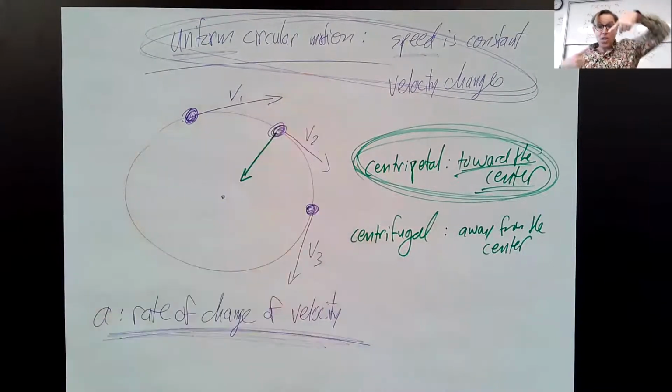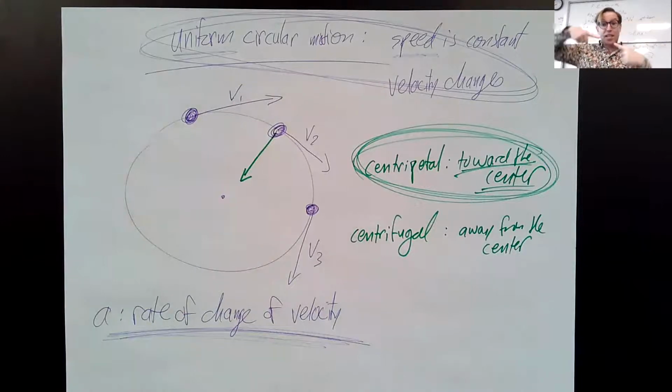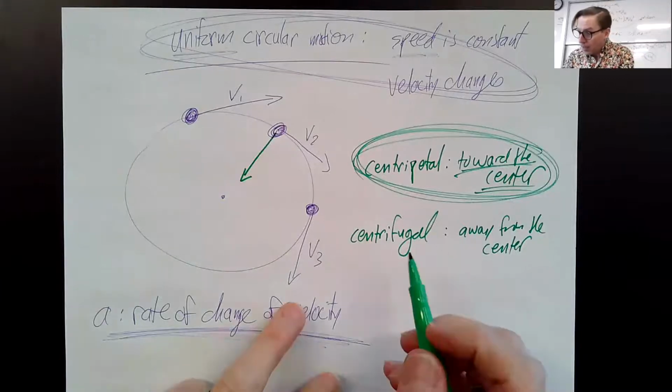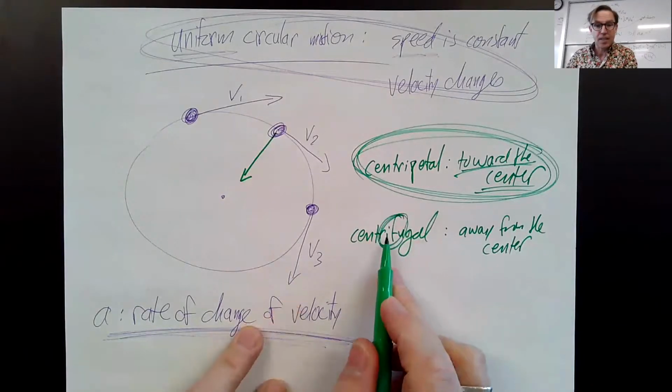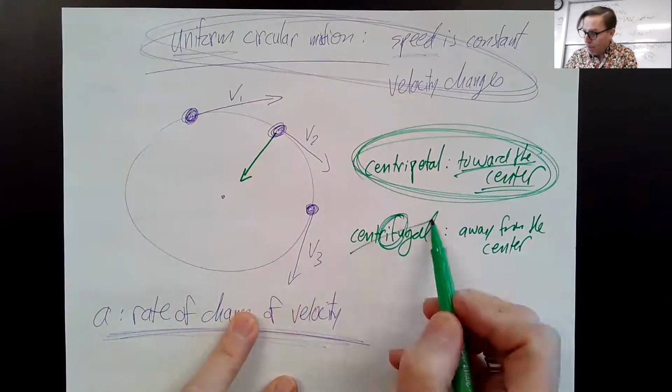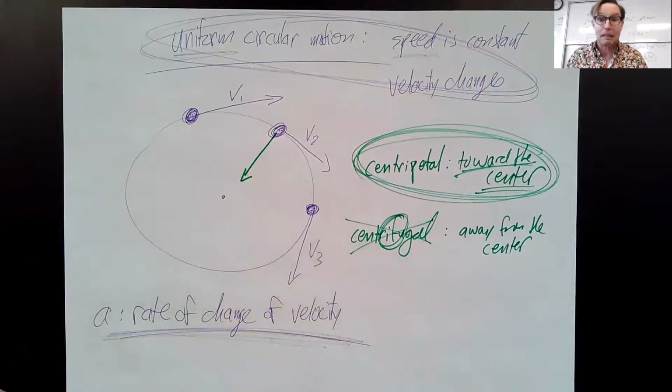So this way, toward the center, centripetal. That's going to be useful this chapter. This direction, away from the center, there's a word for that, it's centrifugal. It just so happens that that direction is not going to be part of our discussion. So if you want, since there's an F in there, you can say this is the F word in physics, and we just don't need it.